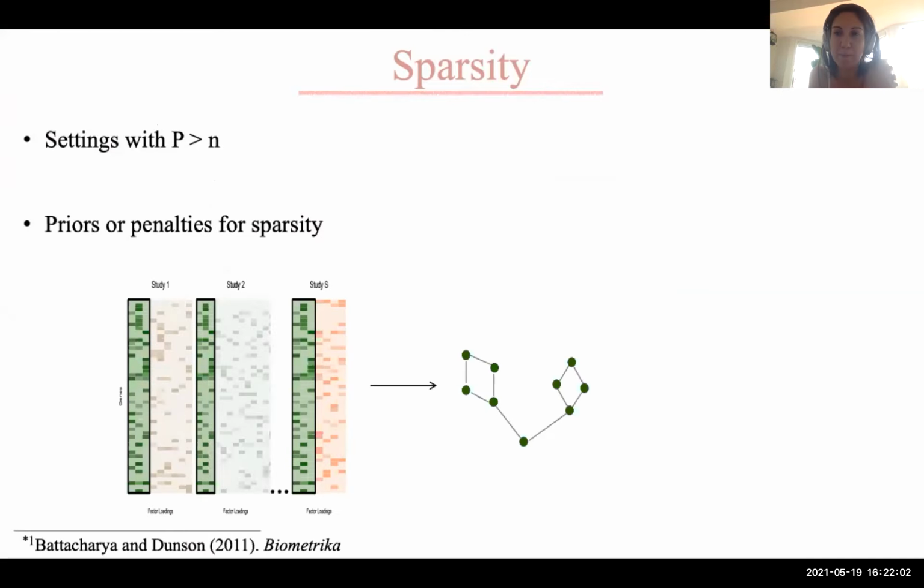Generally, people add some prior or penalty to add some sparsity in the factor loadings. As you can see here, these are our factor loading matrices. Right now we don't have all the entries full, but we have some sparse elements. And this also allows us to construct gene expression networks.